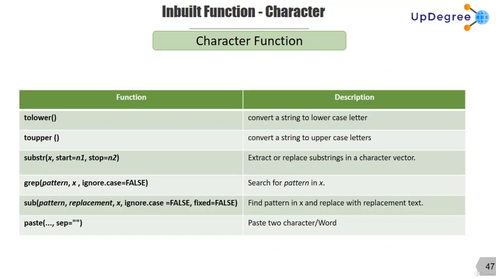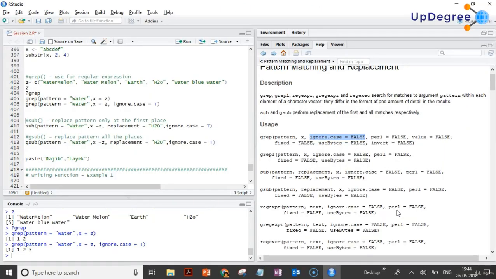Now the sub one. What sub does is it finds a pattern in X and replaces it with replacement text. Suppose you find water, so you are saying that wherever you find water, you just replace it with H2O. So what would it do?